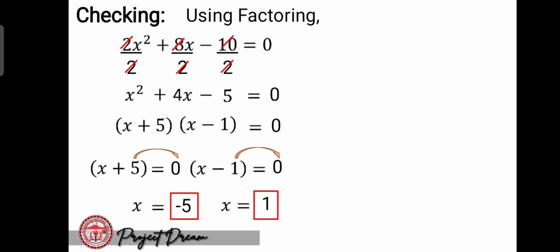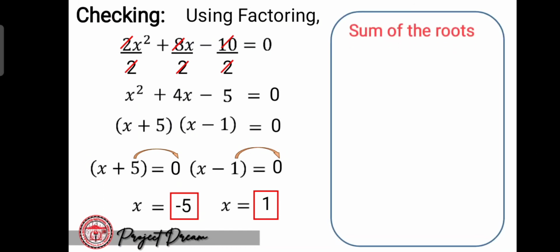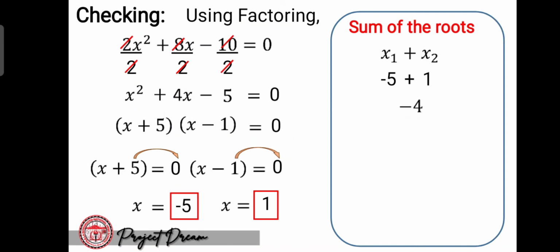So, we have now your x sub 1, which is negative 5, and your x sub 2, which is 1. So, let us check the sum of the roots. We have x sub 1 plus x sub 2. Substitute the value of x sub 1, which is negative 5, plus the value of x sub 2, which is 1, and then add, it becomes negative 4.